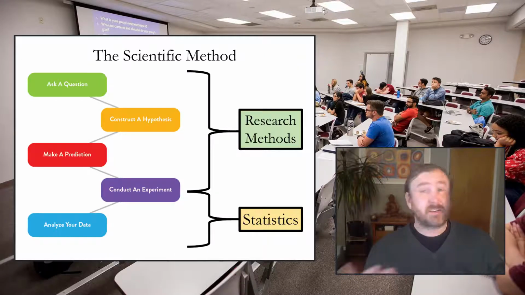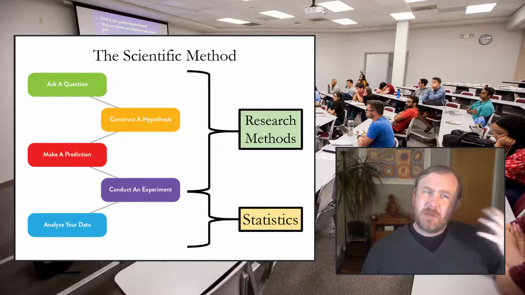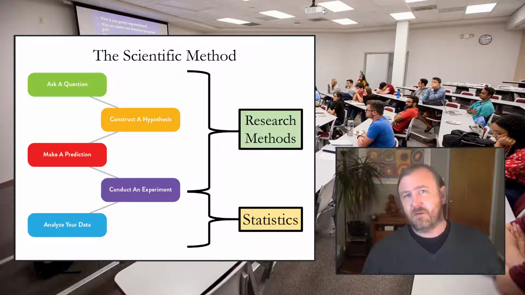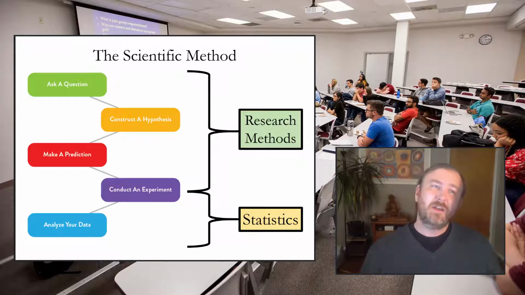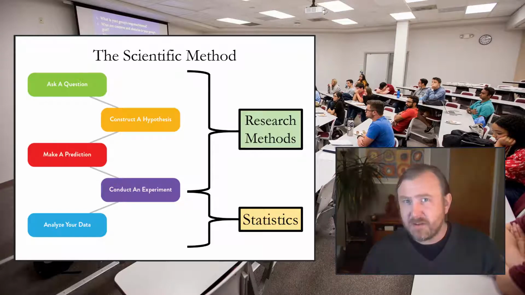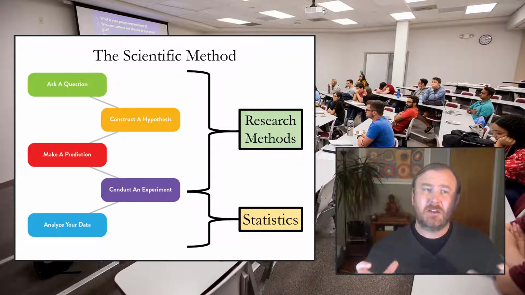As a psychologist, that question is naturally going to be about why people do things the way they do, why people feel the way they feel, why people behave the way that they do. When you have this question, you're going to construct some kind of specific testable hypothesis. You're going to make a prediction about what is going to happen, and then you're going to conduct an experiment that's controlled, and you're going to be open to whatever happens.